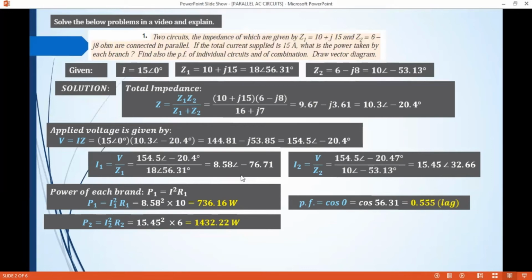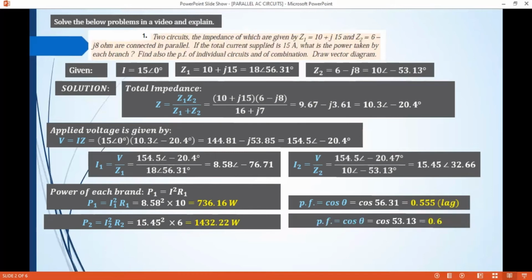So we have here, the current for I2 is 15.45, and the resistance for the 2 is 6 here. So multiply it, 15.45 squared times 6, we have 1432.22 watts. So that is for the power 2.